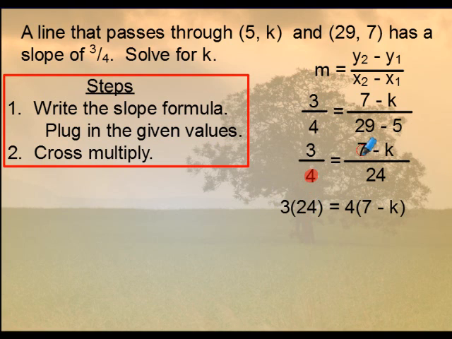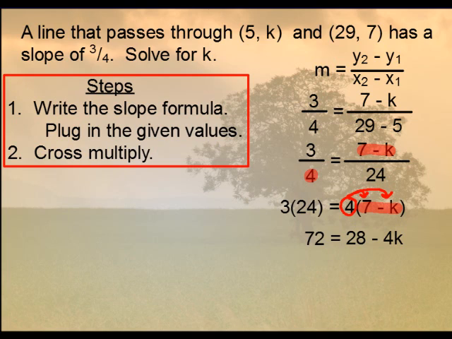The 4 multiplies to the entire quantity, and the way I show that is by putting this in parentheses. So you're going to need to take this 4, and when you multiply it, you multiply to both the 7 and the k. Here you're just going 3 times 24. So that's 72 equals 28 minus 4k.